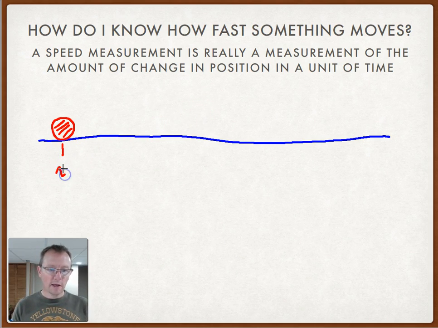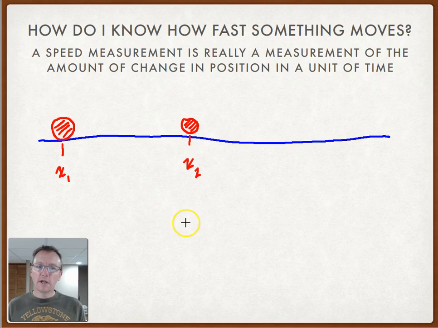So we're going to call that x sub 1. That's where you notice it. Later on, you may notice it that it is right here. And the fact that it has moved from x1 to this new x2 gives you a pretty good indication that it obviously is moving, right?